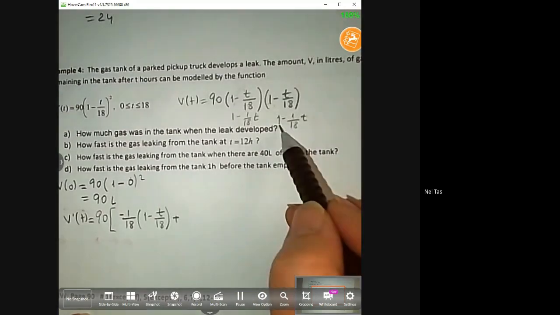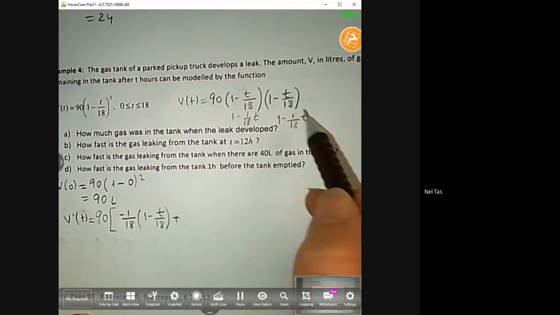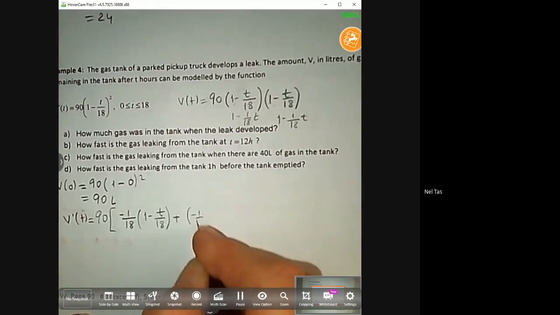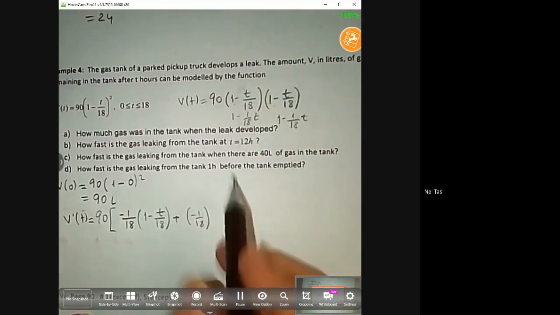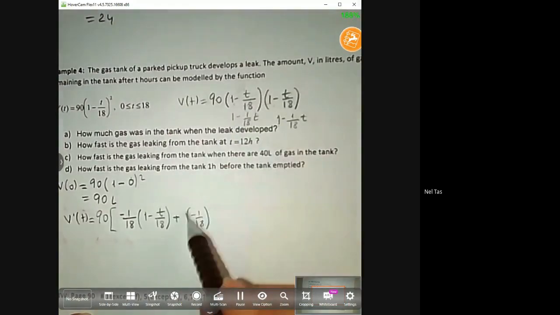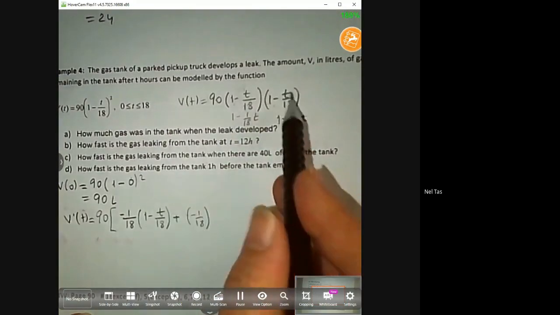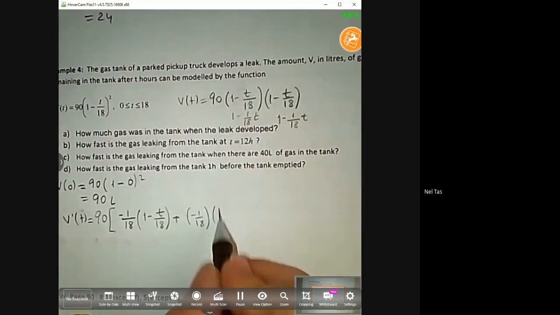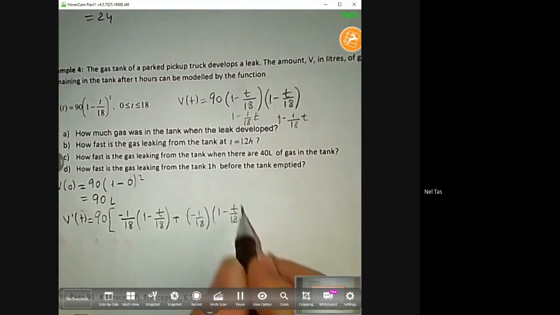Then you can see that the derivative of 1 is 0. The derivative of negative 1/18 t is negative 1/18. Times, so that was the derivative of the second function. Now you multiply it with the first function, 1 - t/18.